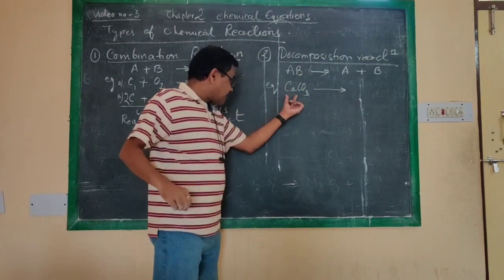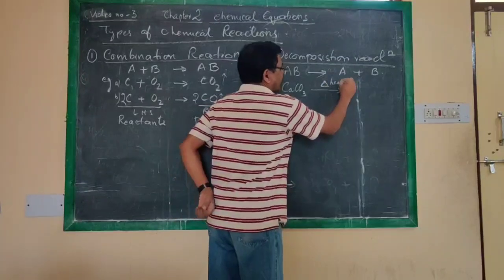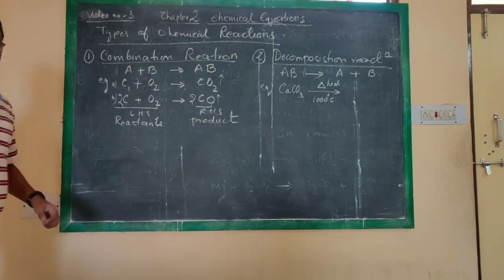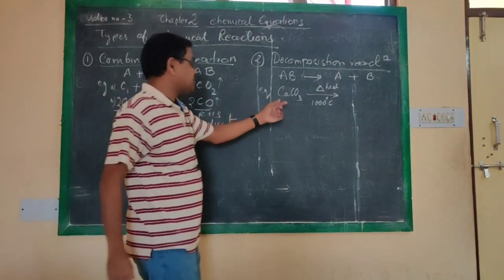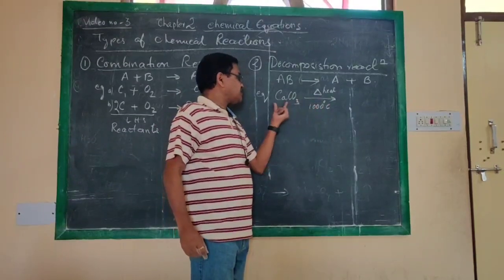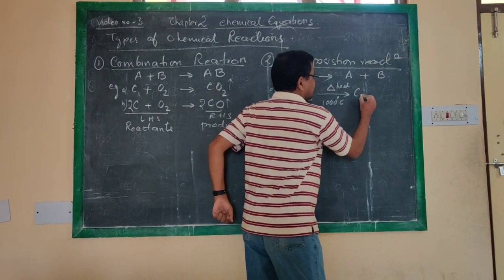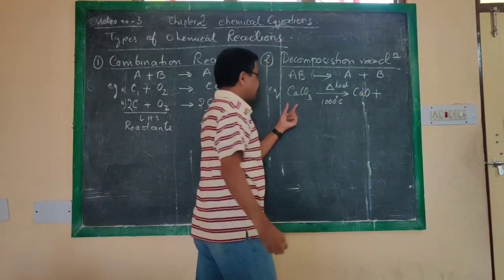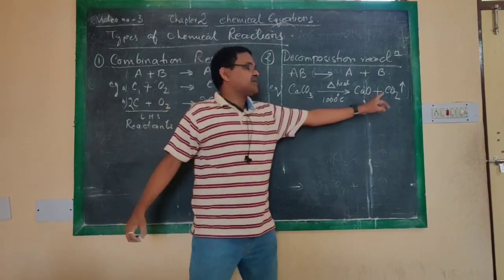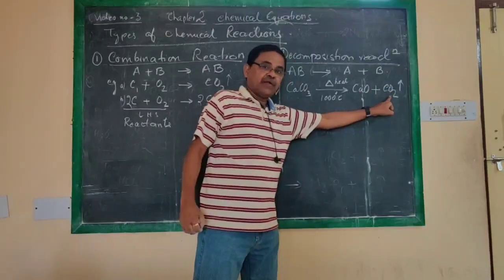To split this calcium carbonate, you require heat, and that too at a temperature of 1000 degrees Celsius. When you heat this to 1000 degrees Celsius, it breaks down into calcium oxide and carbon dioxide. Carbon dioxide gas is formed. Calcium carbonate gives calcium oxide plus carbon dioxide.